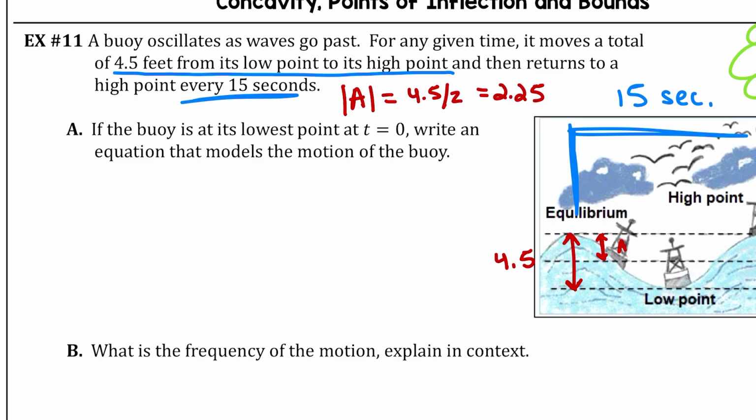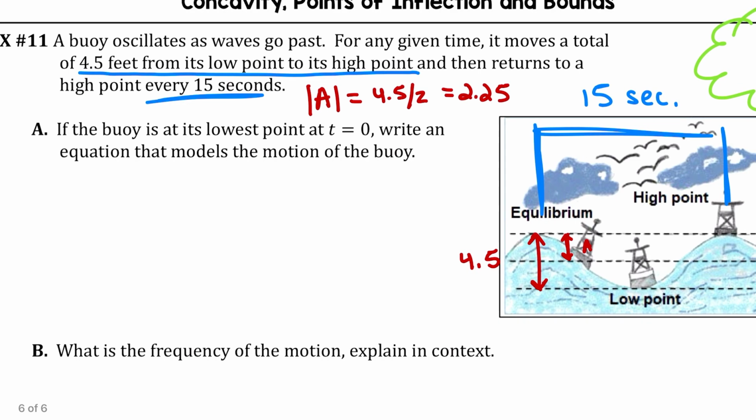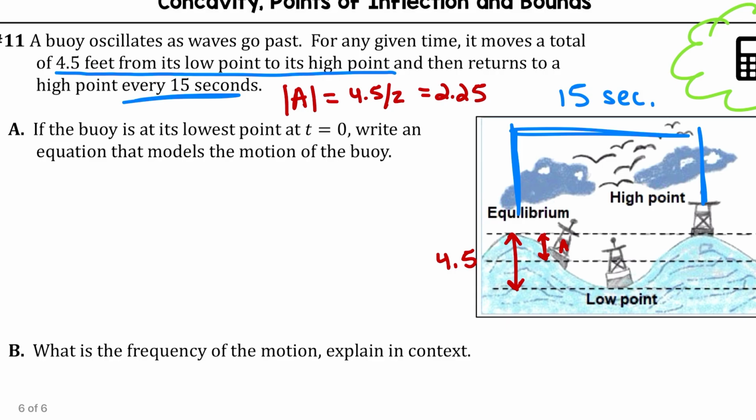So we're going to have to find amplitude, which we did, and we're going to have to find our B value. That's all we've got to find. Oh, wait a second, I did not call out which function we need to use. It doesn't say sine or cosine, so we're just going to have to use how the buoy moves to determine that.